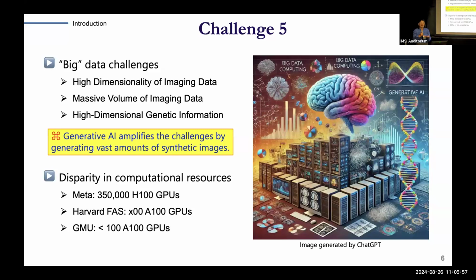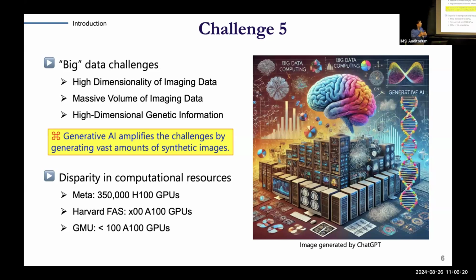You can easily get 1 billion data points. But it does not just stop there. With the advent of generative AI, we can easily get tons of synthetic images to augment our data. So these generative AI techniques amplify the challenges of computing.